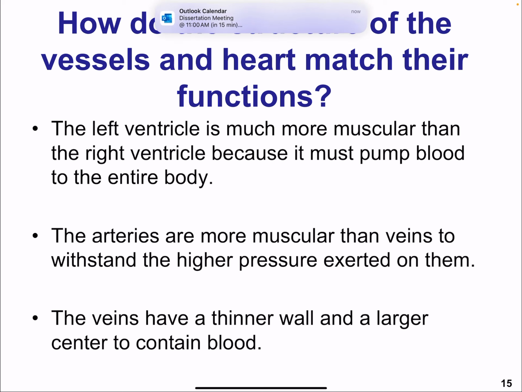So, how do the structure of blood vessels and heart match their function? I already mentioned this, right?